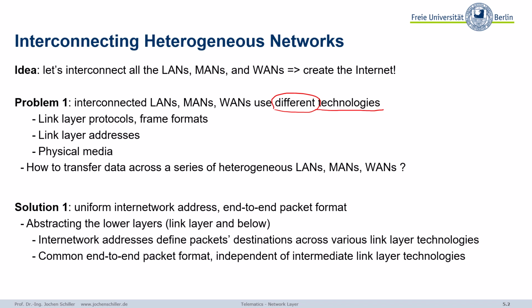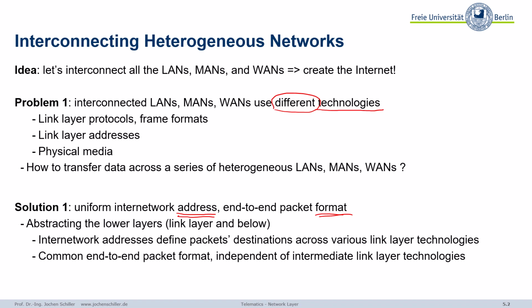One first solution is we need an address, a uniform address. So we have to know how we address a system, and we need a packet format. So how should packets look like? And we should abstract all these lower layers, the link layer and below, so we don't care about the technology.